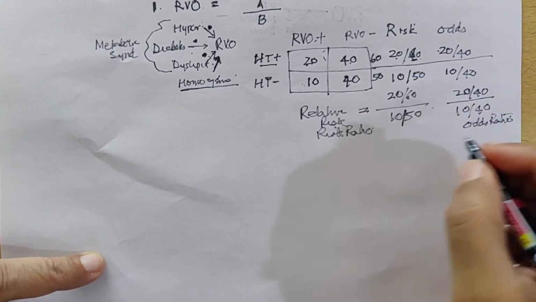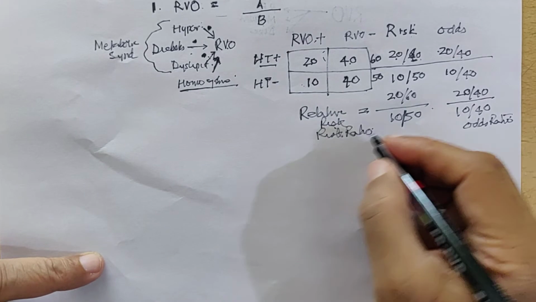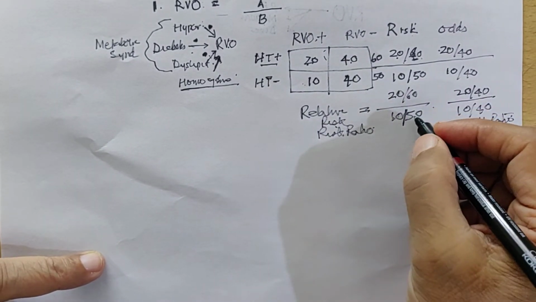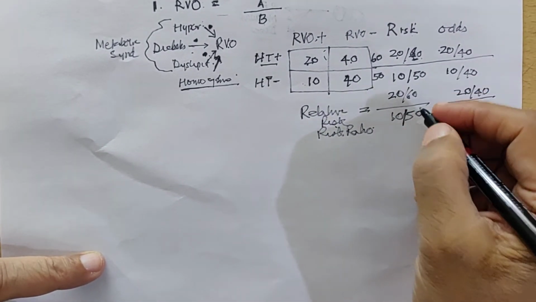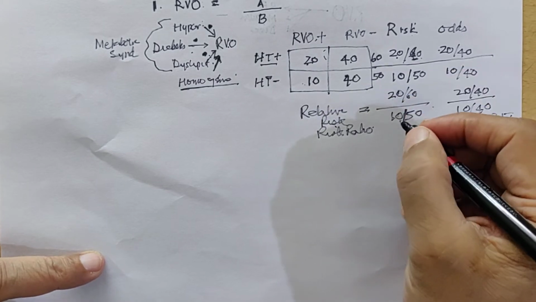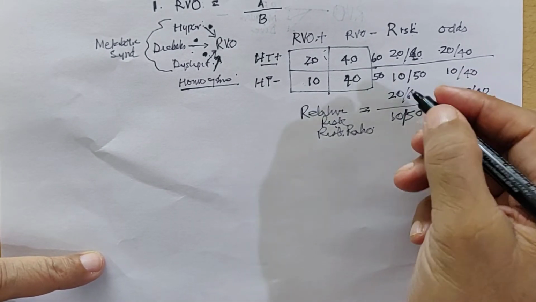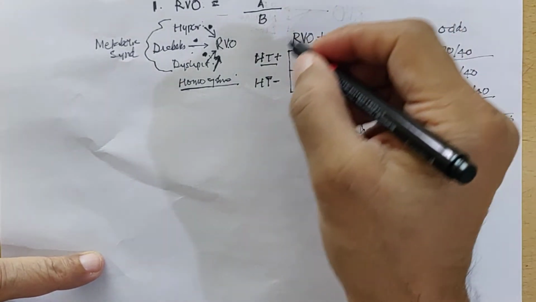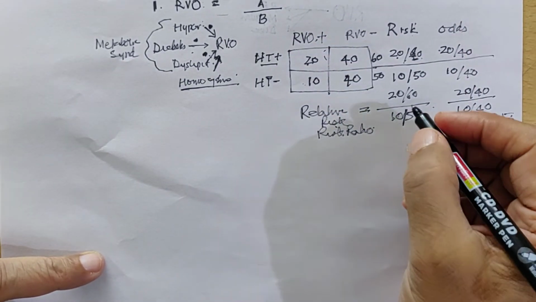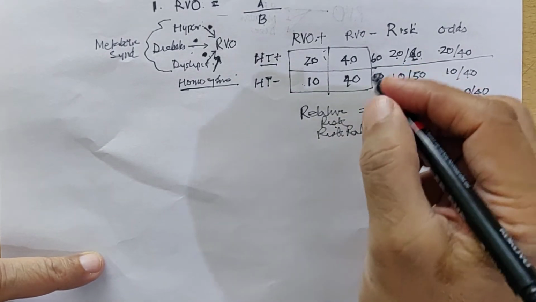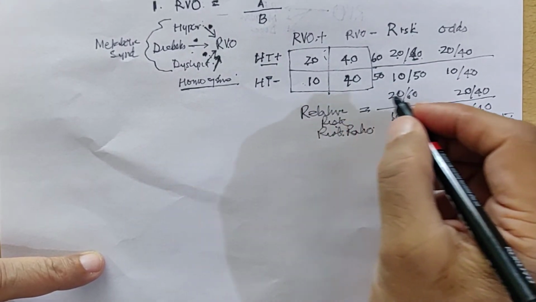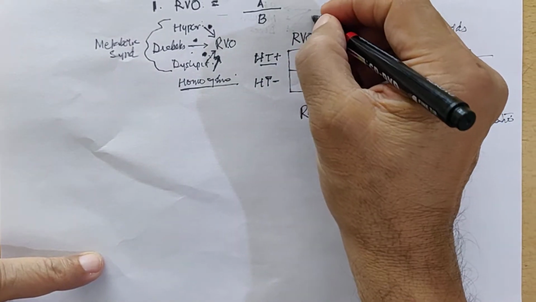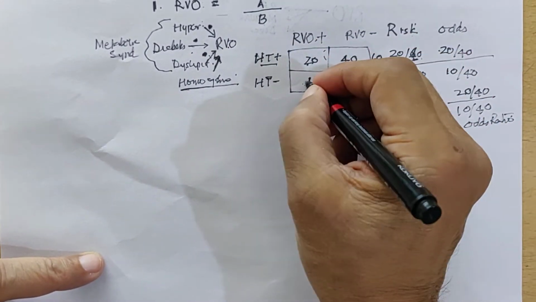Here you can calculate this relative risk, but I'll tell you how to do it. You can get these numbers two ways.